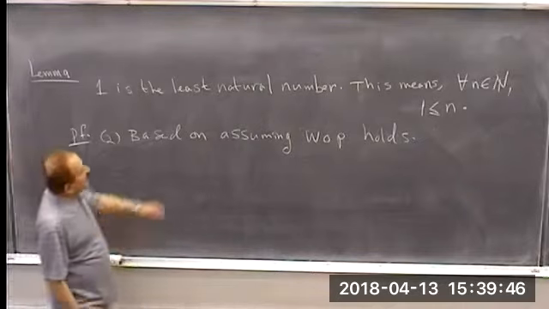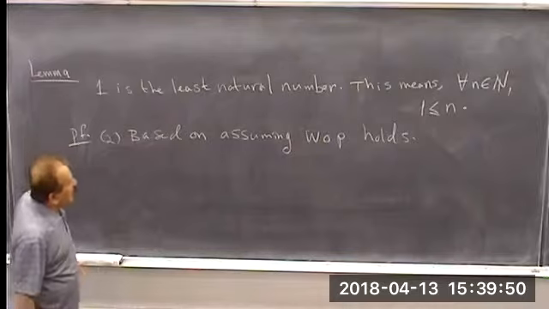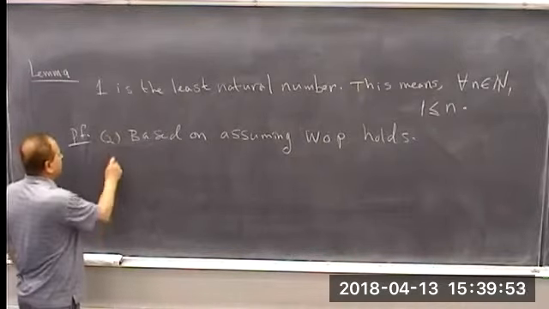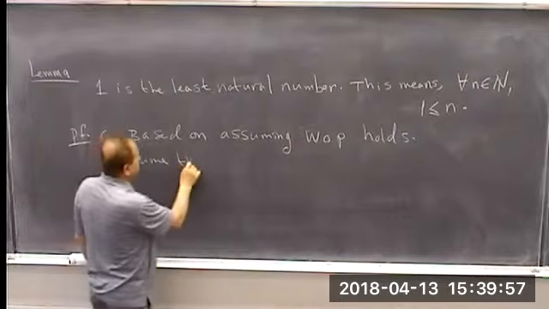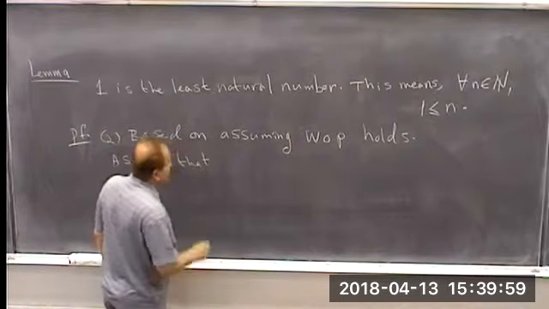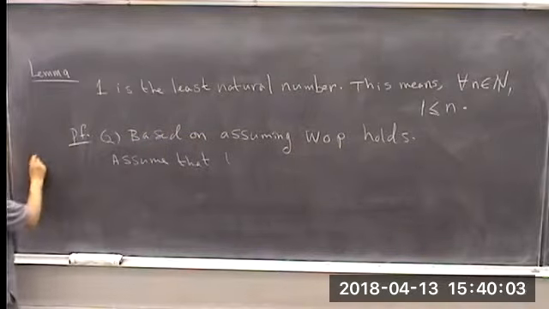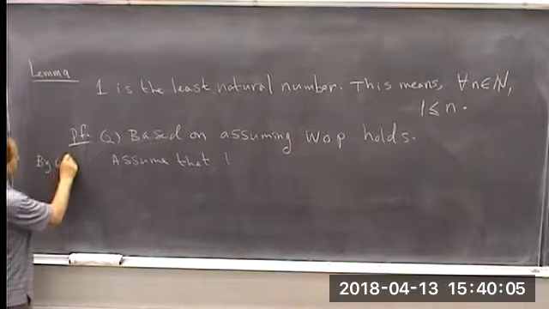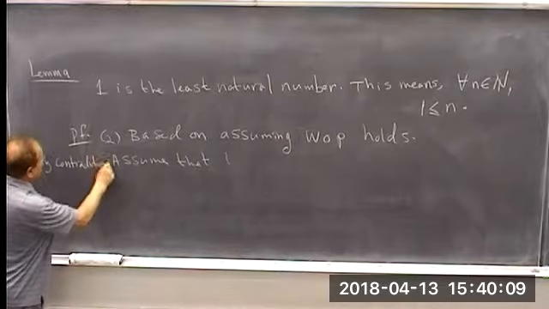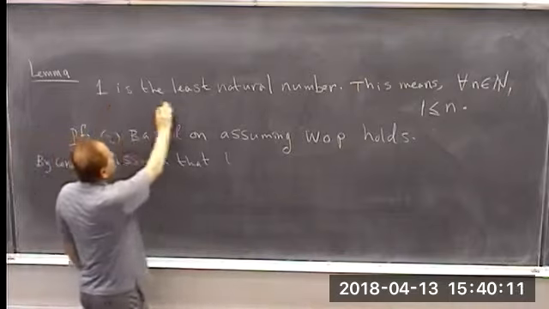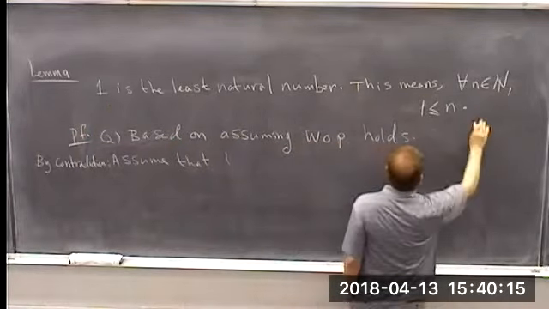So what we're going to do, let's assume the contrary, by contradiction. Remember, this is what we want to show: 1 is the least natural number, which is equivalent to this.